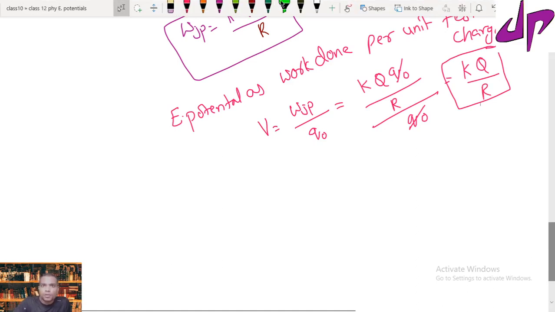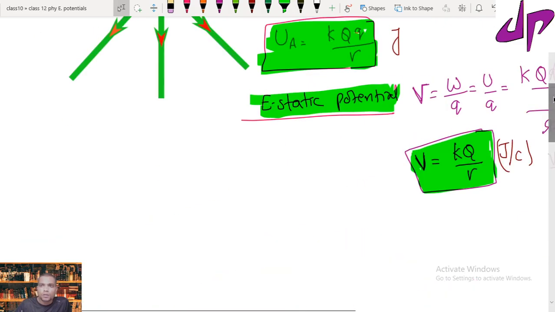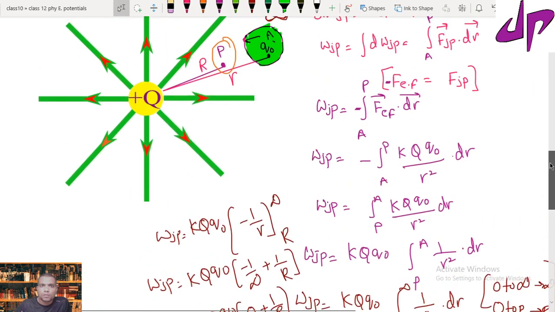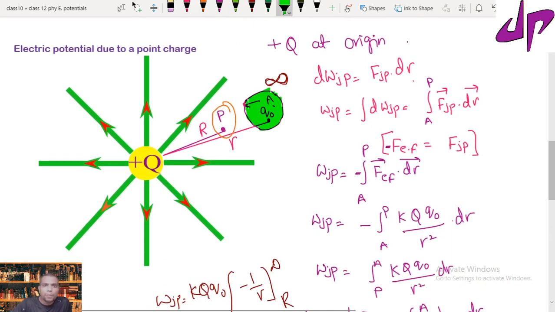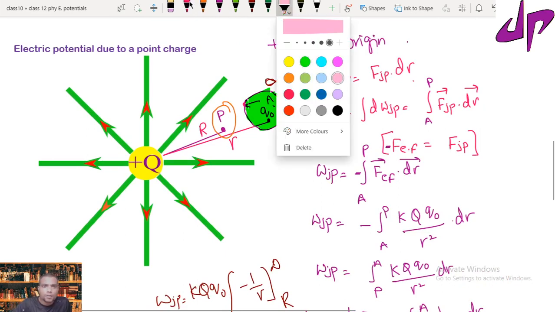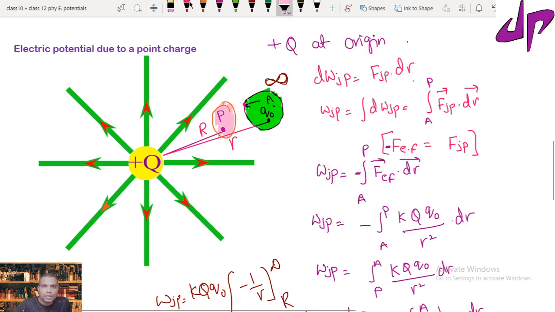Now we can write the potential expression, potential V equal to KQ upon capital R. So the potential at a point P in the given location, we can write as potential at point P equal to K capital Q upon R, where R is the distance.